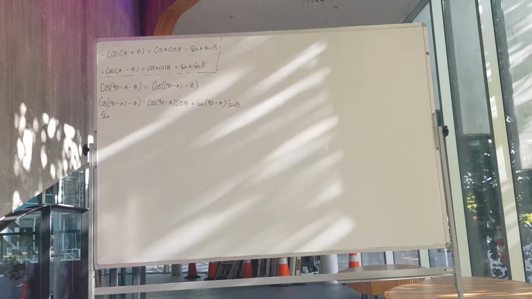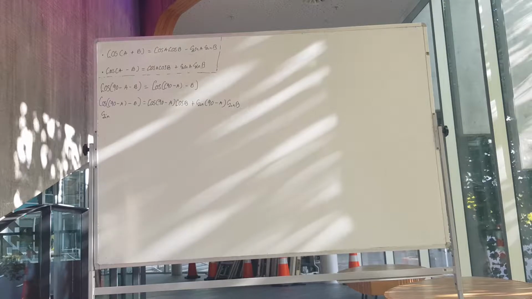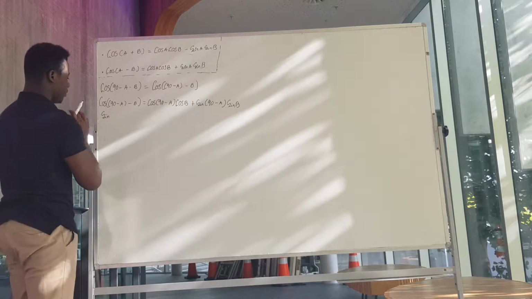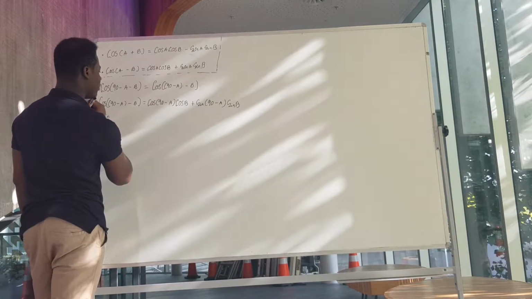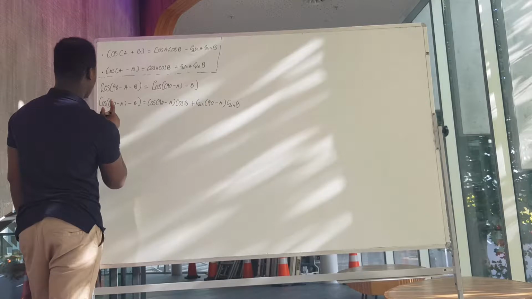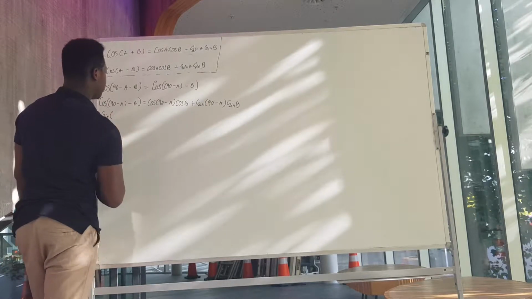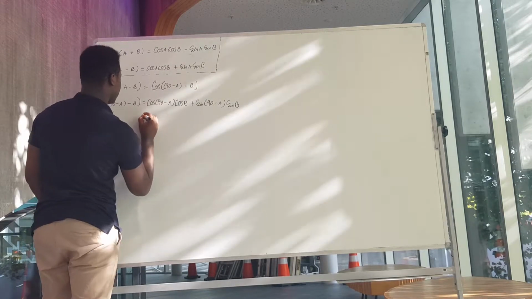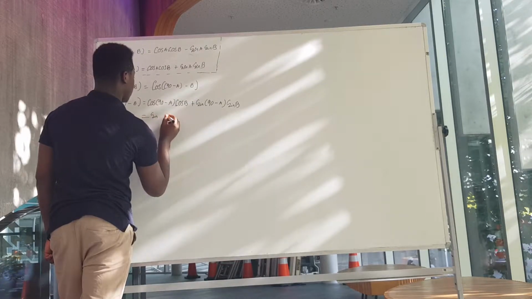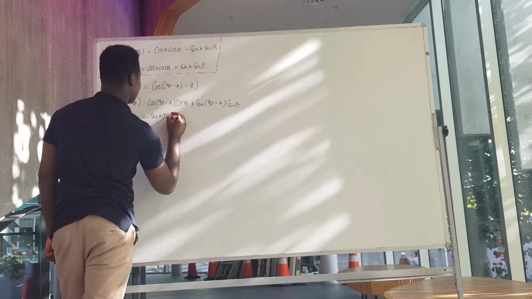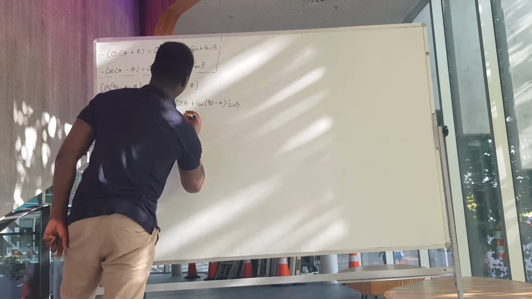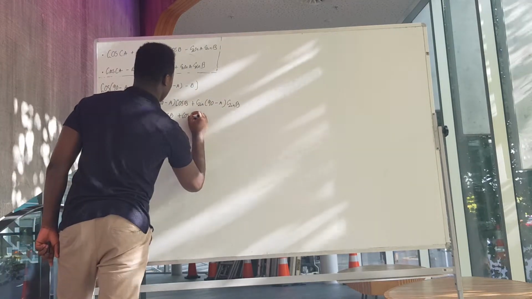So cosine 90 minus a will be sine a cosine b, plus cosine a sine b.